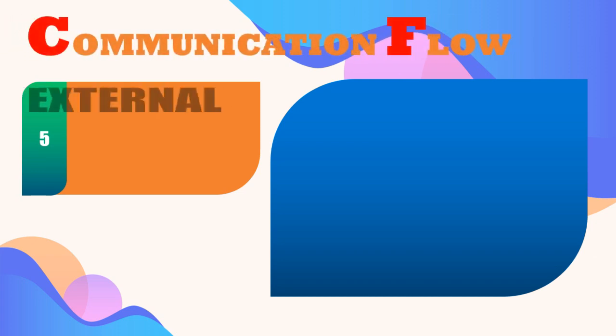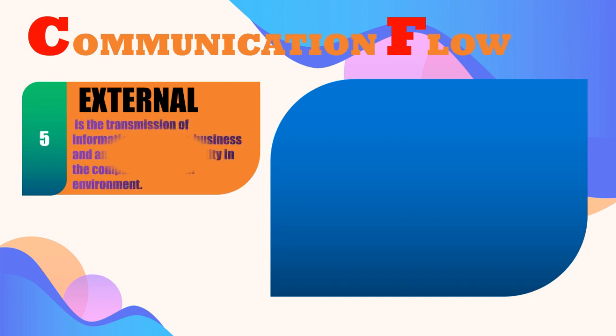The last one is the external communication flow. It is the transmission of information between a business and another person or entity in the company's external environment. As you could see, we have a saying that no man is an island. In other words, we need other people outside our company.